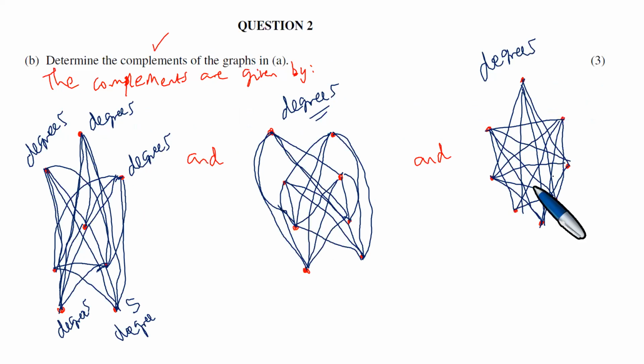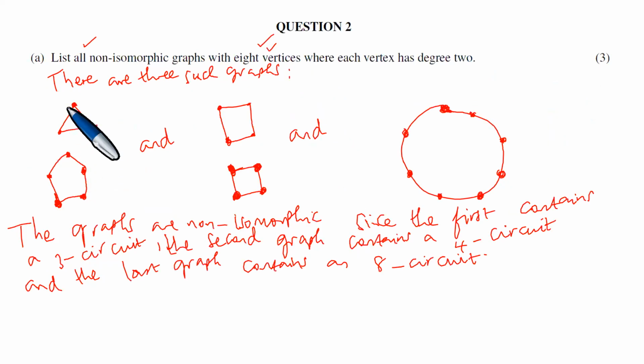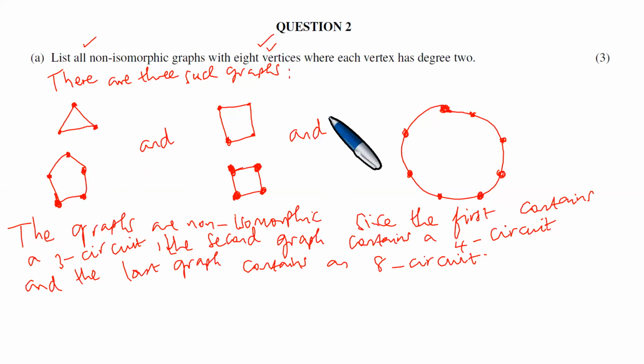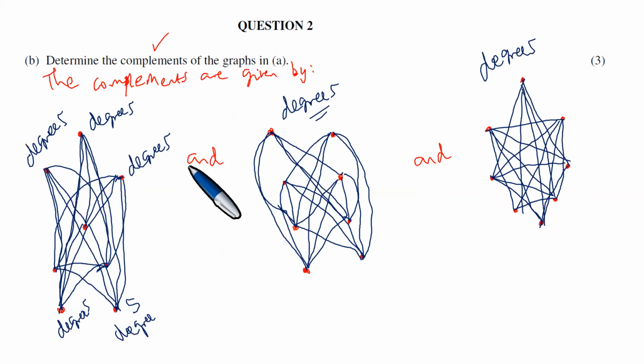For instance, here's a graph, each of degree 5, on 8 vertices. Then the complement of this, each one has degree 2. We saw that, and it can be explained: you have a graph on eight vertices, each vertex of degree 5, and when we get the complement, it is of degree 2.